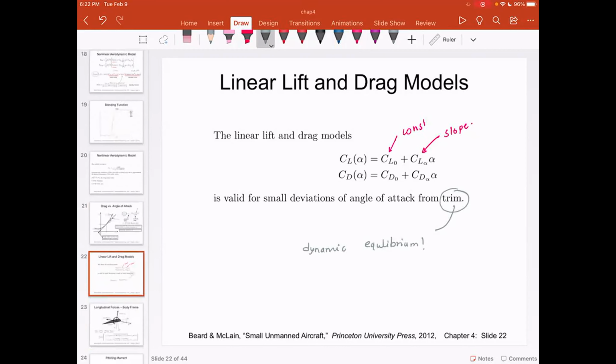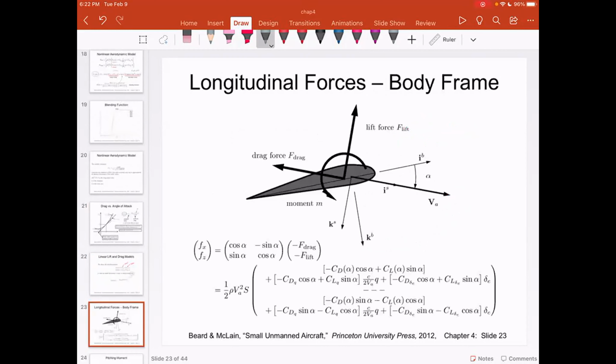Now let's look at what forces are acting in the longitudinal frame. And these equations are super important because we will implement them when we work on project 3. So please understand, we have a force in the X direction and a force in the Z direction. These forces are because of the projection of drag and lift force, and the projection matrix is nothing but the angle of attack.